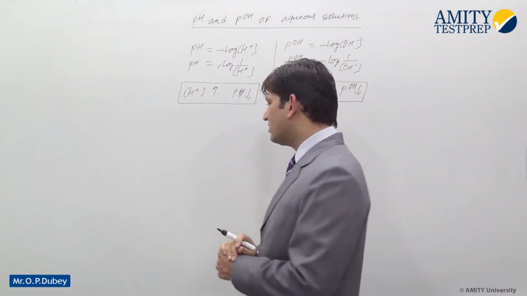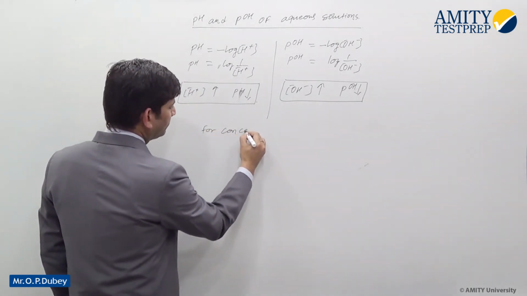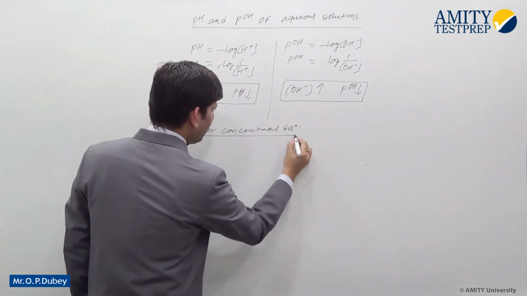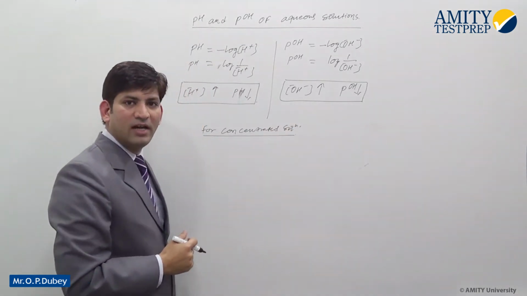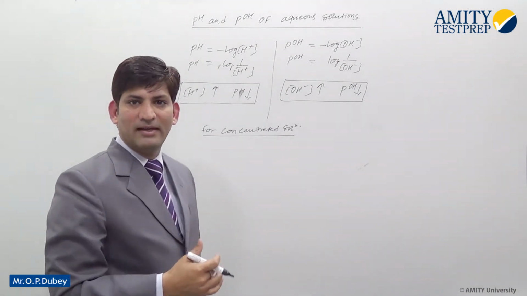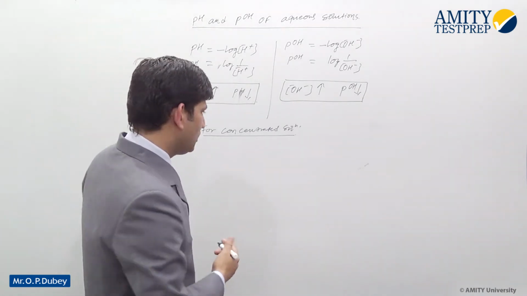In the case of a concentrated solution, this formula is not valid for the calculation of pH and pOH, because the expected H+ ion concentration is not equal to the actual H+ ion concentration.